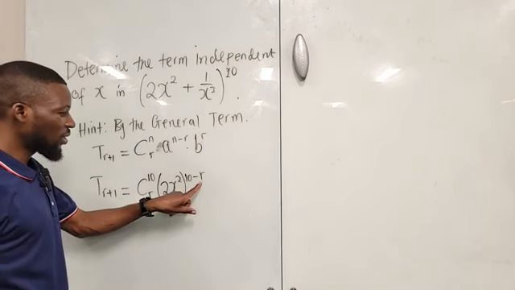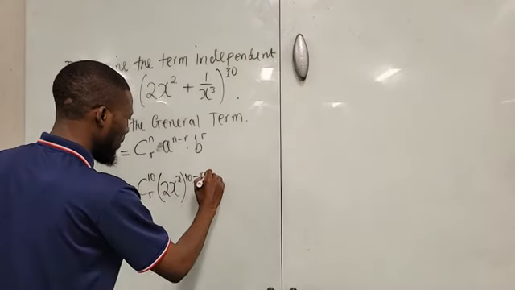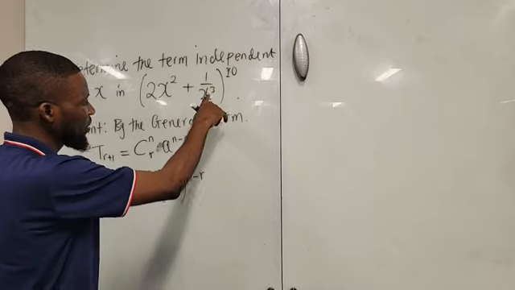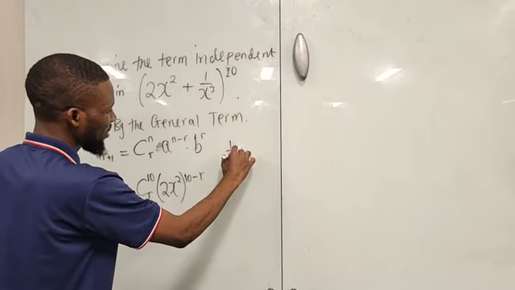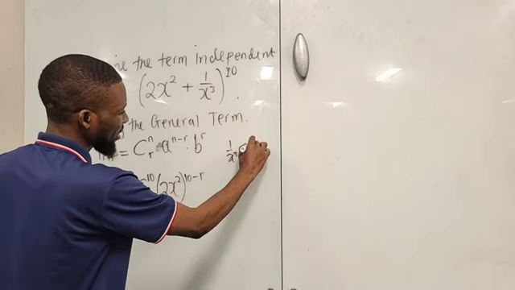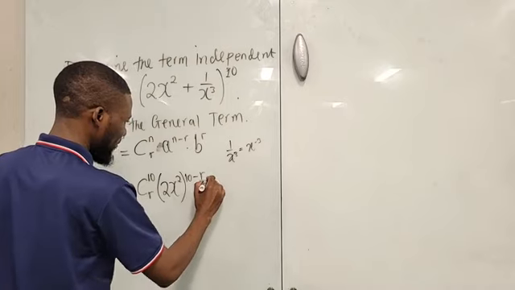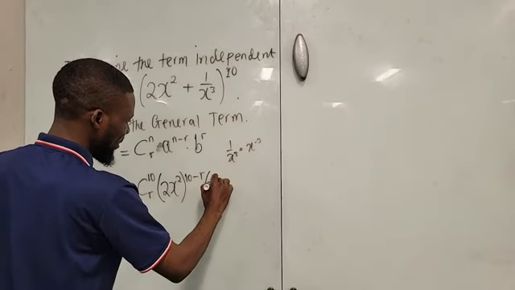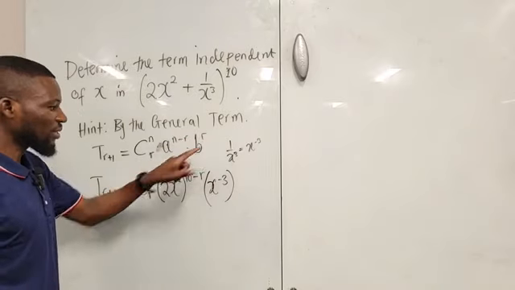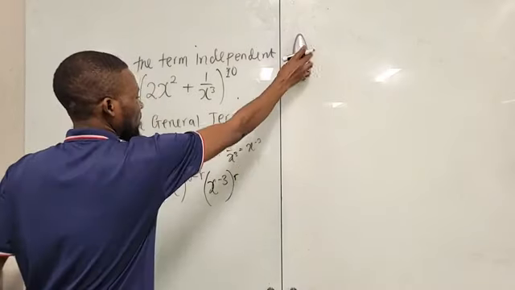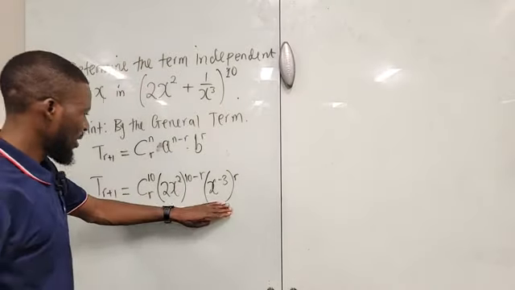Remember, we are looking for our number r. Then we are going to multiply by, instead of writing 1 over x to the power 3, I just write x power negative 3, right? So this is just the same as x power negative 3, then to the power r. Okay, so that is the general term.